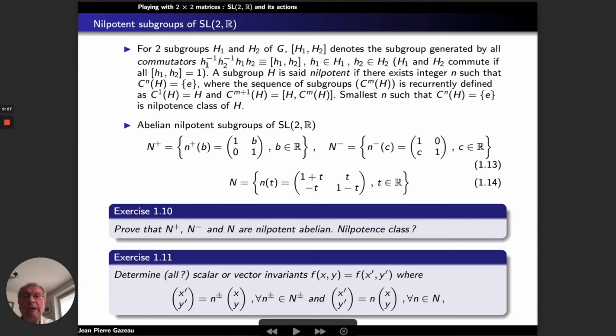You consider the inverse of h1 belonging to capital H1, the inverse of h2 belonging to capital H2, and now you consider the product of that with the product of h1 h2. And this expression is also denoted by a bracket [h1, h2].